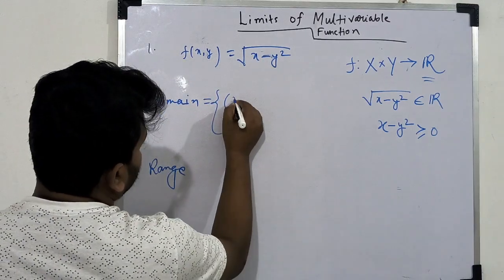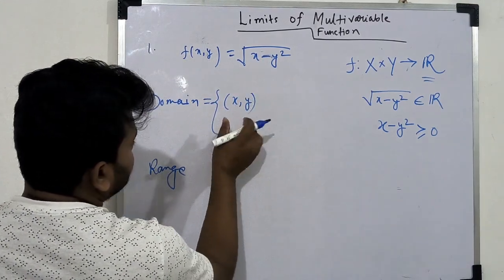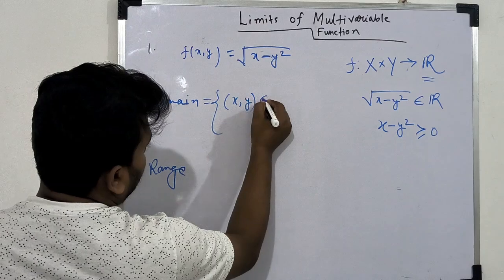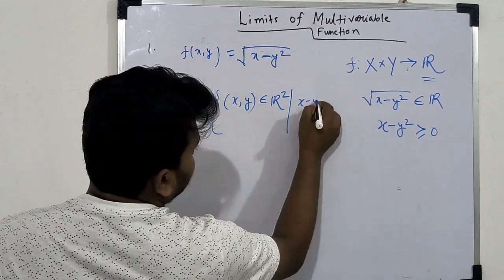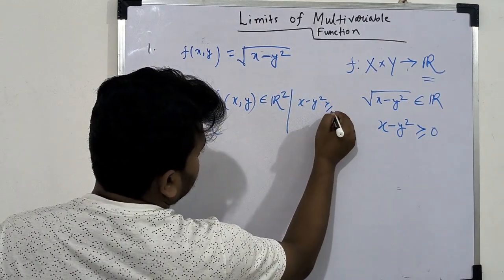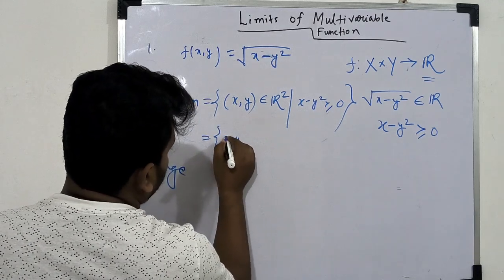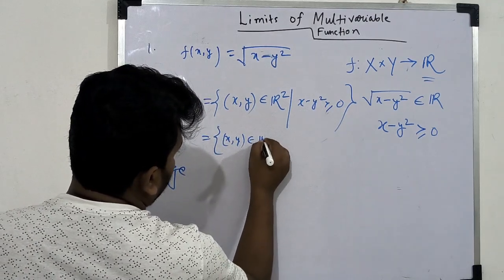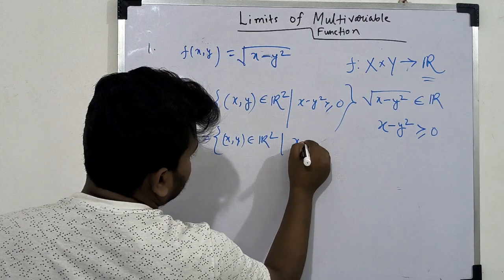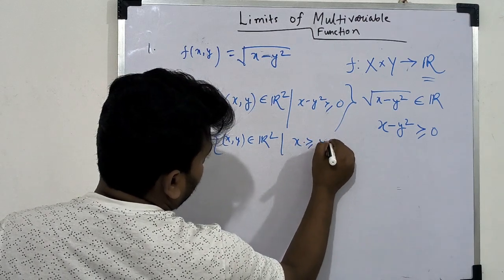So the domain would be the set of all points (x, y) from R2 such that x minus y squared is greater or equal to 0. This can be simply written as those (x, y) from R2 such that x is greater or equal to y squared.